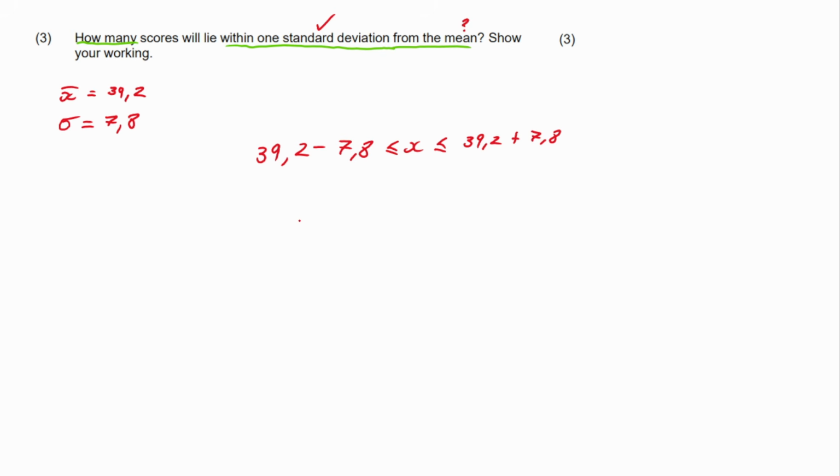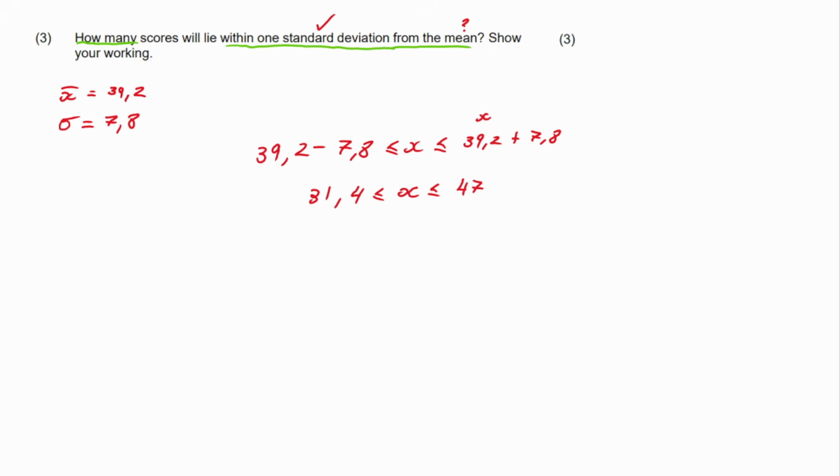If we put that in the calculator, 39,2 minus 7,8 is 31,4. So this is 31,4 up until 47.